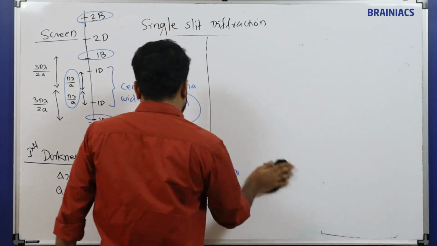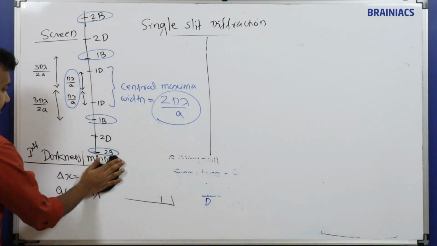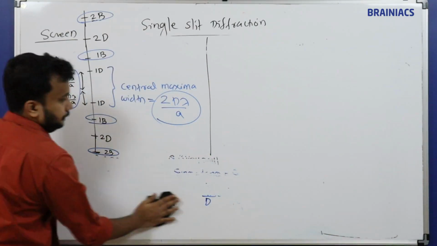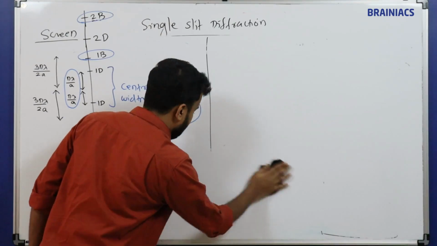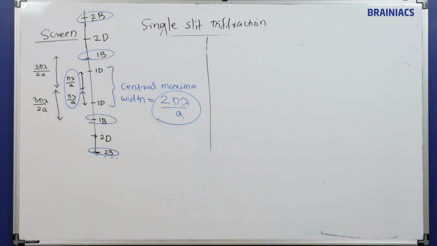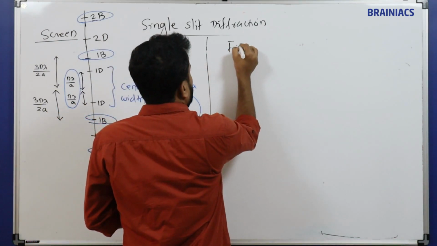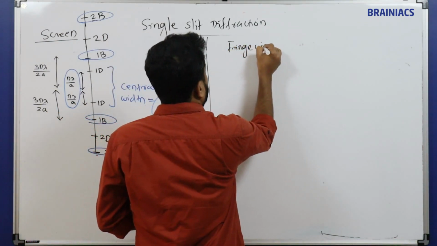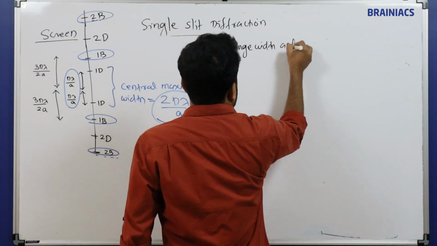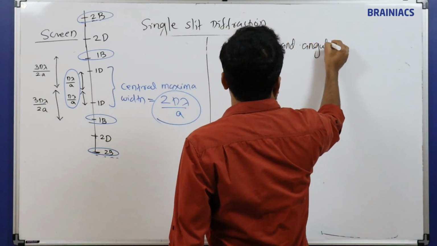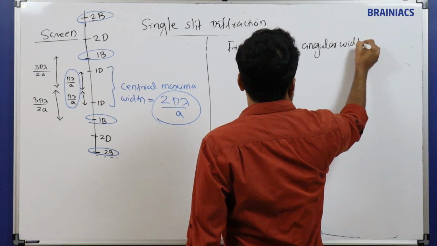Some additional points: in this topic, there are two ways you can be asked questions: fringe width and angular width. There will be two terms, fringe width and angular width.